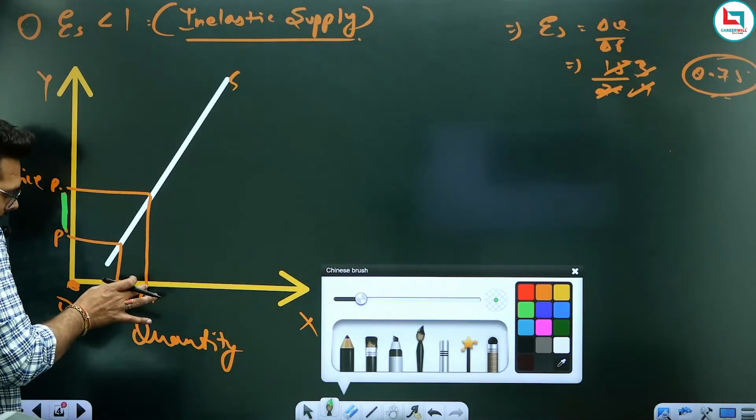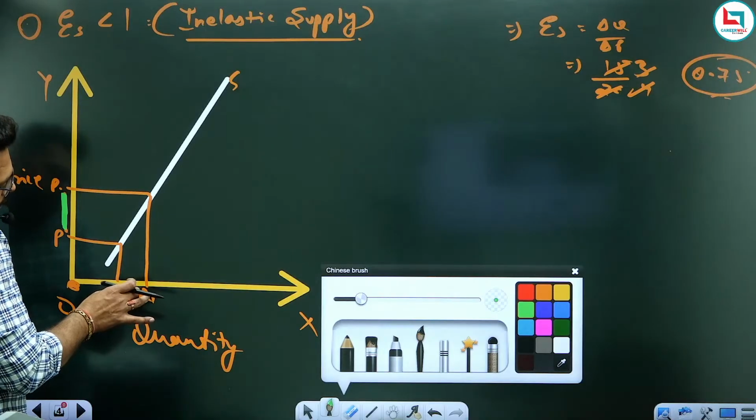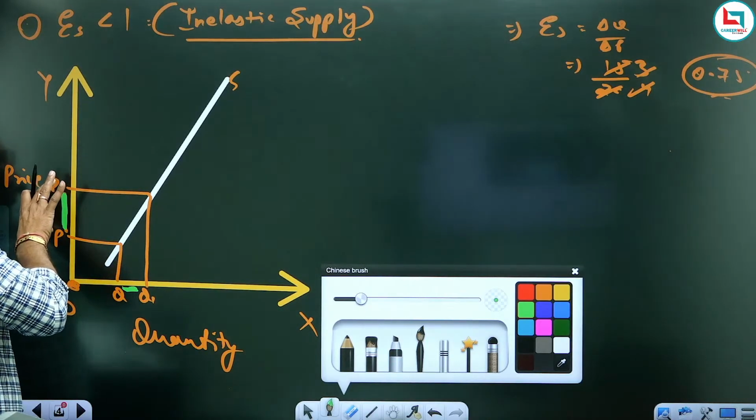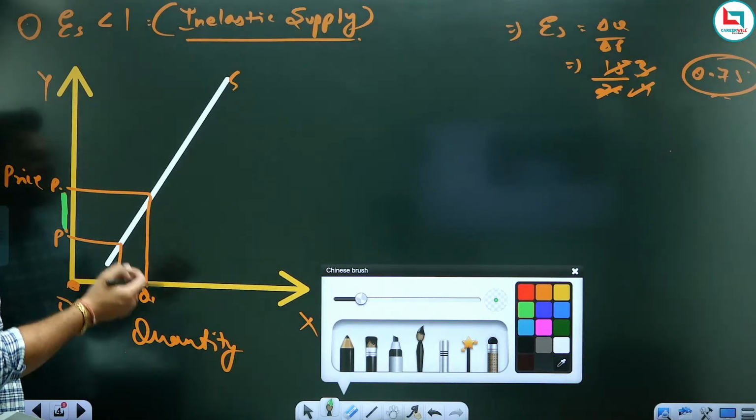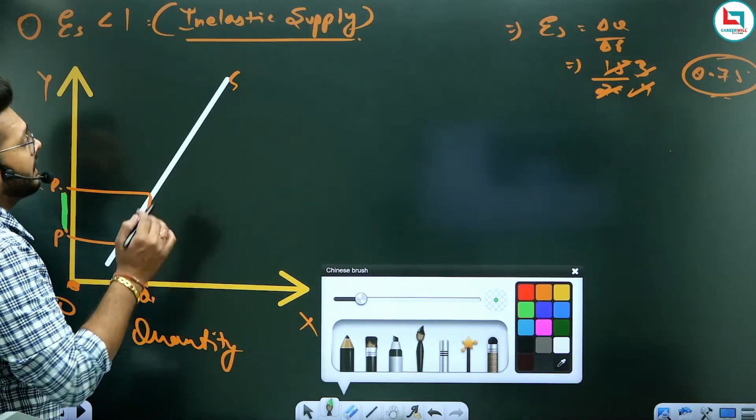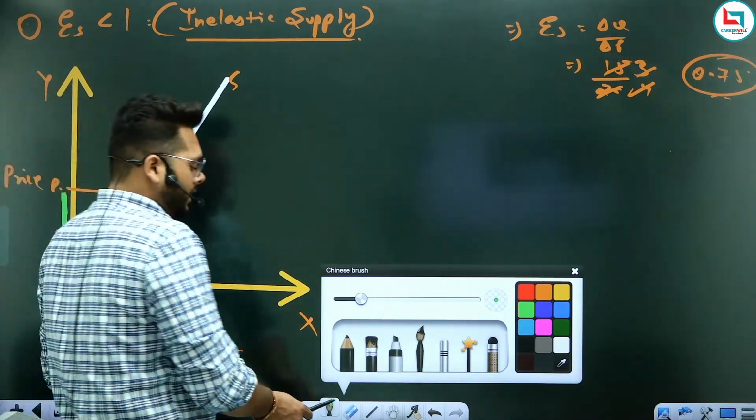When there is a less percentage change in quantity supplied and more percentage change in price, this is called inelastic supply.